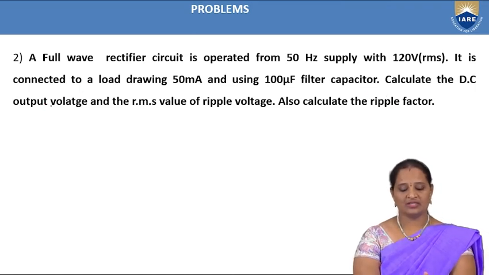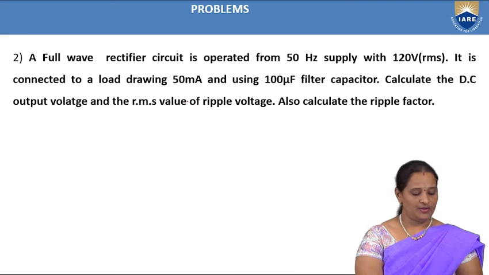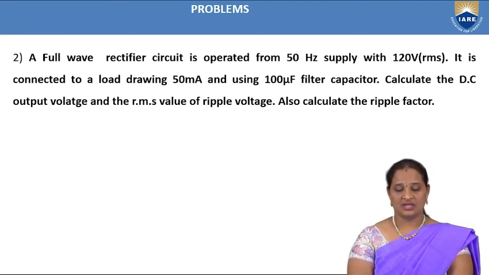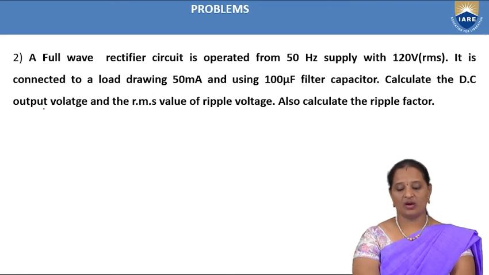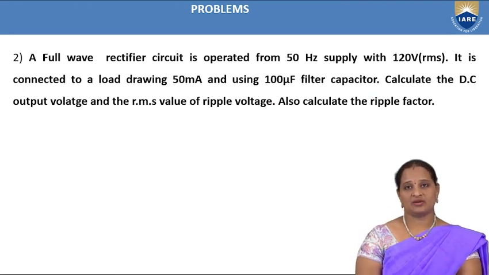Calculate the DC output voltage and RMS value of ripple voltage. Also calculate the ripple factor. So he asked us to find the DC output voltage and RMS value of ripple voltage, and also to calculate the ripple factor.